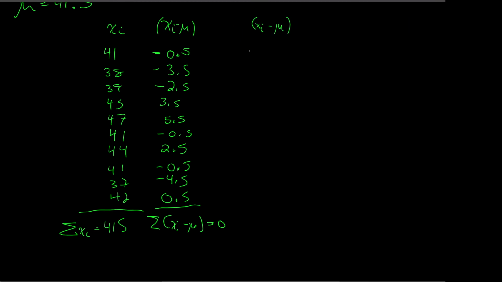And so negative 0.5 squared, well, a negative times a negative is a positive. The negative 3.5 squared, well, a negative times a negative is a positive. And so notice squaring all of these numbers makes them all positive. That's the nature of our standard deviation, it makes them positive. In fact, notice this one and this one are on opposite sides of our mean.